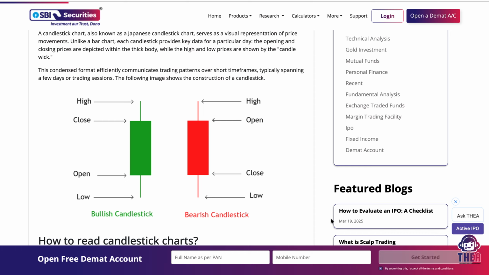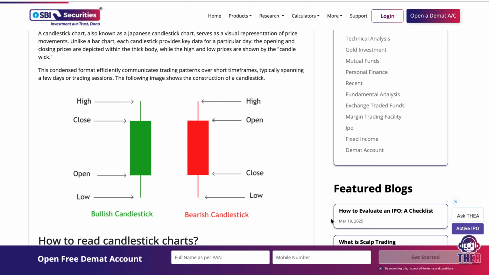In order to start technical analysis, the base is to understand the candlestick: how it is formed, what kind of candlestick it is, whether bullish or bearish, what the green color is, what the red color is, and you could see a small line above and below, what exactly are these lines. These things we'll try to understand in this video.